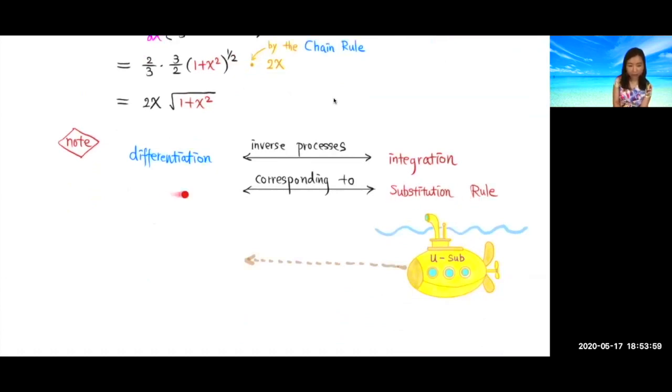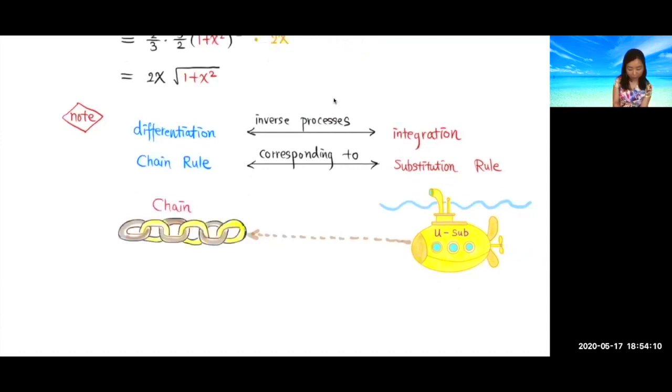The corresponding rule in differentiation that corresponds to U-sub is going to be the chain rule. So you can imagine the chain pulling this U-submarine over here. So these two rules correspond to each other.